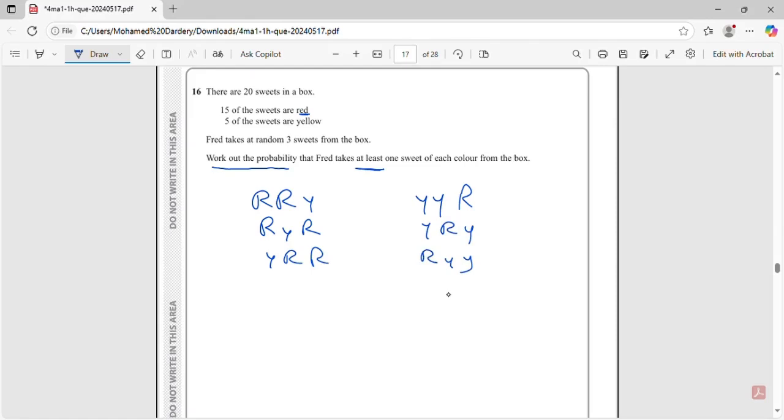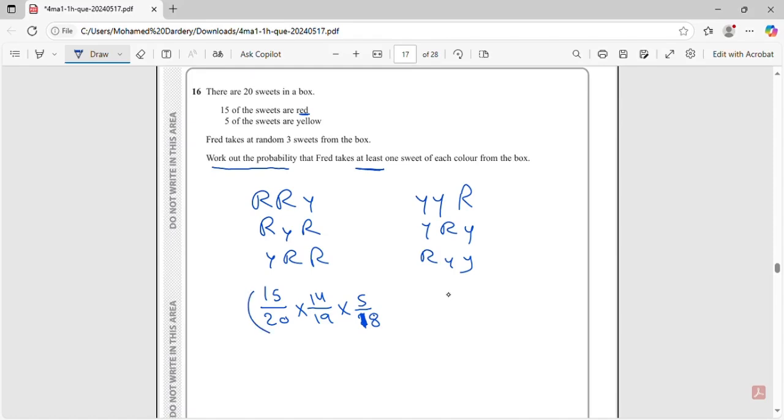So I will apply the rules for this. If I have red, it will be 15 over 20, multiplied by the second pick of red, 14 over 19, multiplied by the yellow, 5 over 18, sorry, because in this situation I pick 3 times.